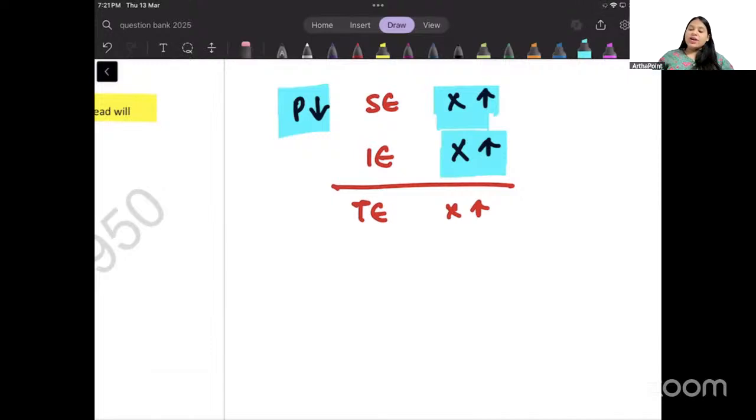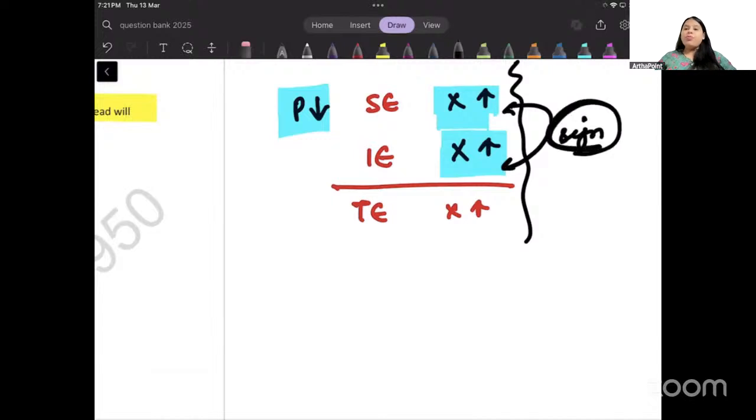And if you look at the numerical that we had done in class, उसमें भी यही आया था that both of them had the same sign. So if both have same sign, how can we say that they have different sign for normal good? वो गलत हो जाएगा बोलना. So we will adhere to this that both have same sign.